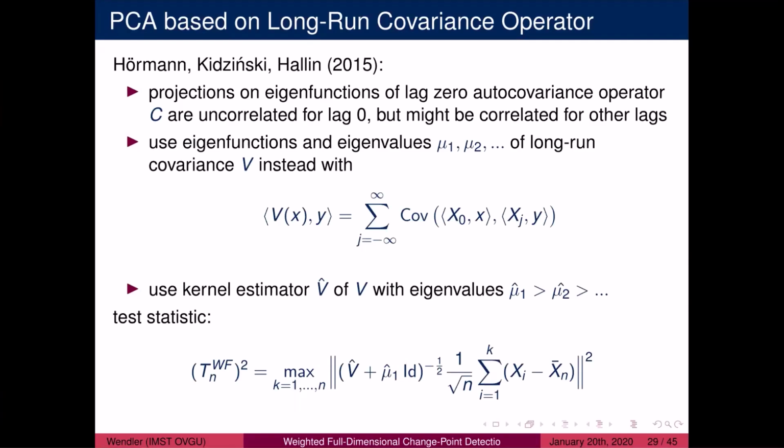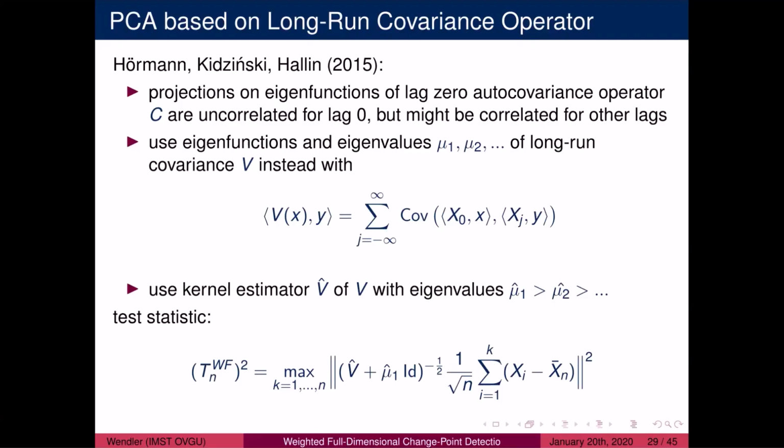Because if you project on your eigenfunctions, the projections are uncorrelated for the same time, but might be correlated for different time points. So this principal component analysis really works well for independent data, but whether it is the right thing for dependent data, you can debate, and many people think it's not the right thing.